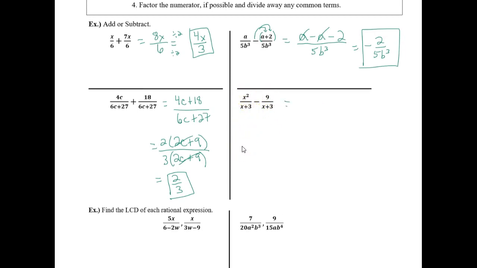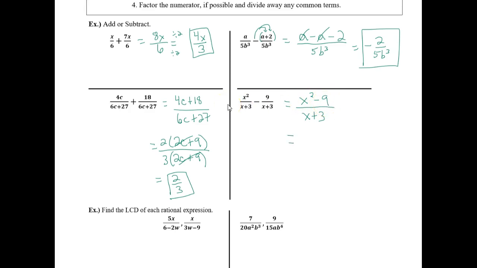They already have a common denominator, so I combine them into one fraction. They are not like terms, so I can't really subtract 9 from x squared. But when I get it together, I see in the numerator that x squared minus 9, that's a difference of squares.